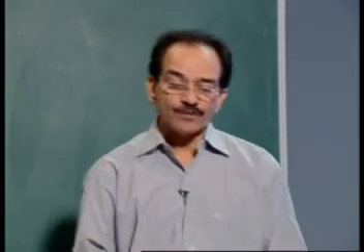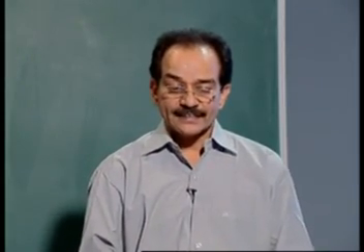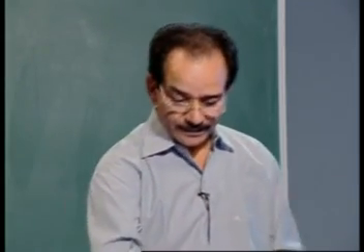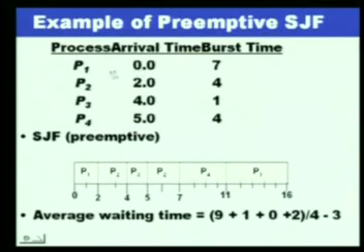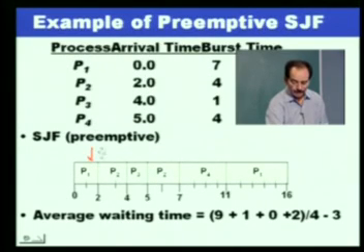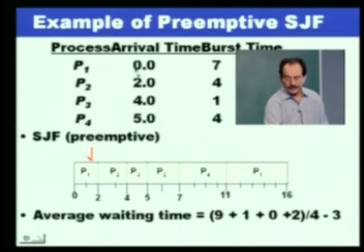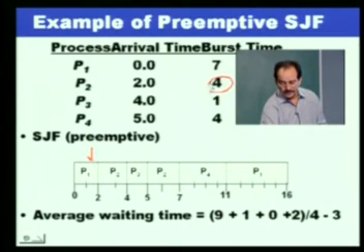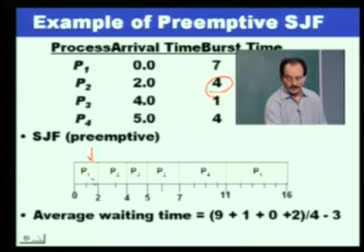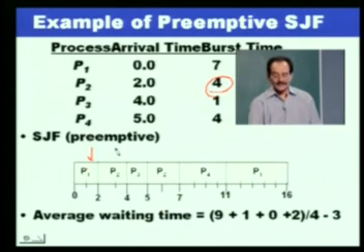And in case of preemptive scheduling, maybe this will be more clear here. P1 will start executing. Now, the moment P2 comes, at the second unit of time, it requires 4 burst time. So now P1 will be taken out of the CPU and P2 will start execution.